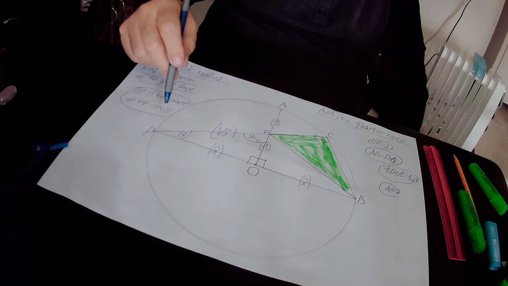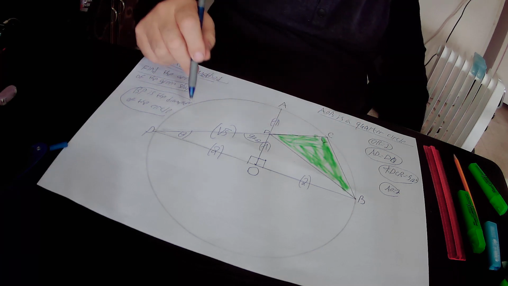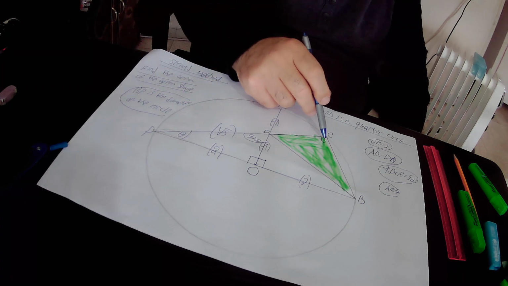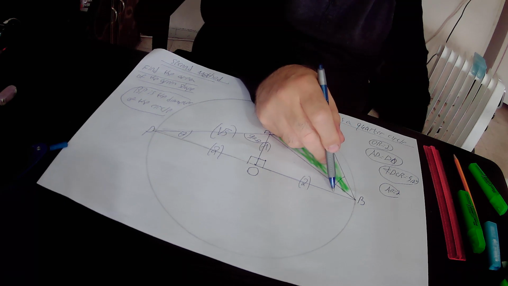Likewise, if we focus on the big right triangle PCB, this angle equals theta, this angle equals 90 degrees, therefore this third missing angle must be equal to 90 degrees minus theta.